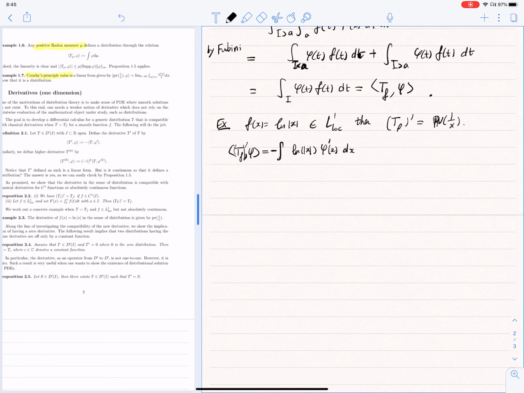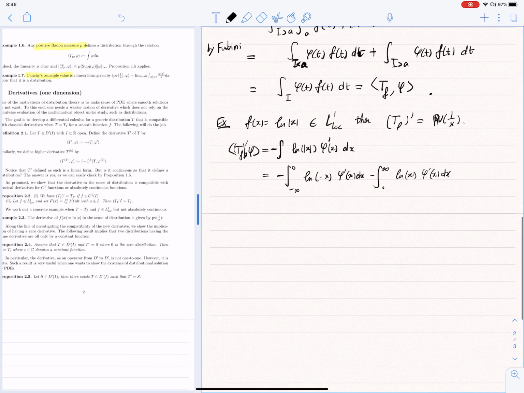Okay. So now still there are two different situations. We are going to split the integral in two pieces. When x is from negative infinity to 0, we have log of negative x, phi prime of x dx, and when x is positive, we have log of x, phi prime of x dx.